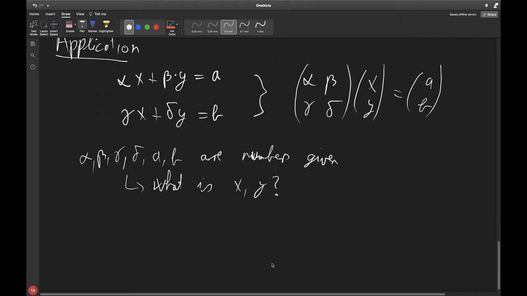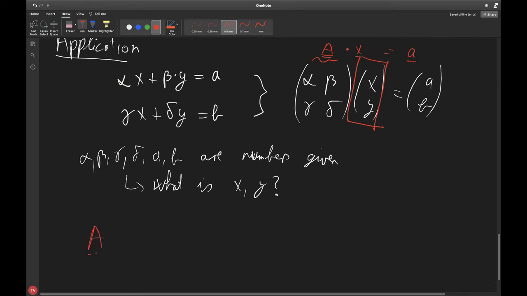That means that everything here is known except for this part. And so if this was a matrix, we multiplied it with this x vector, and we got a vector out of it.